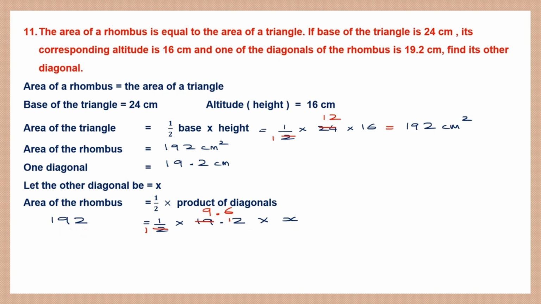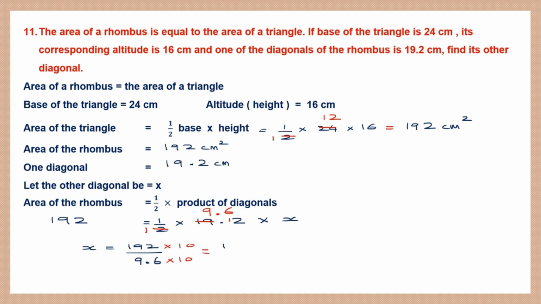So to find x, what do we say? We say x is equal to 192 divided by 9.6. So when we do this division, since the divisor is a decimal number, let's make it a whole number by multiplying it by 10. So when we multiply this by 10, multiply this also by 10. So what do we get now?